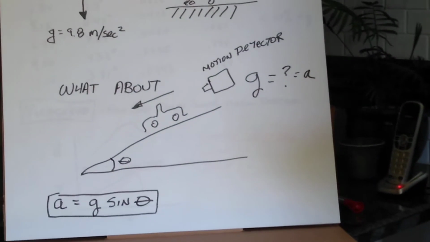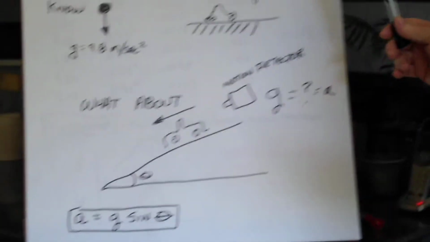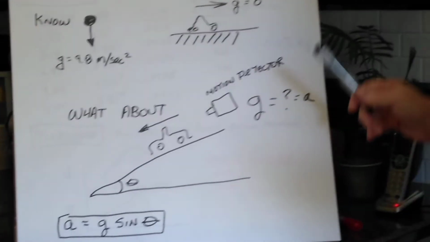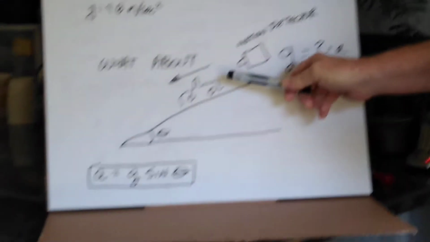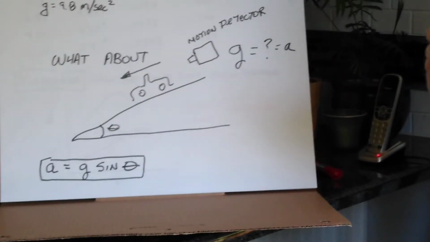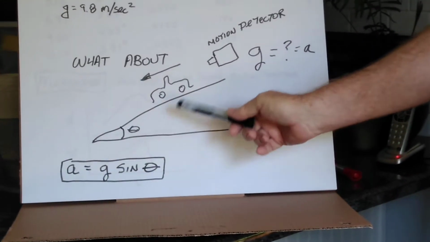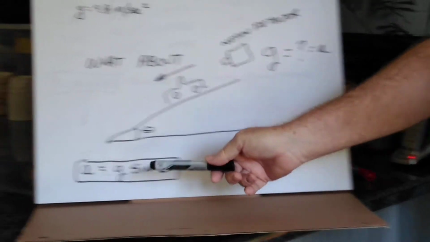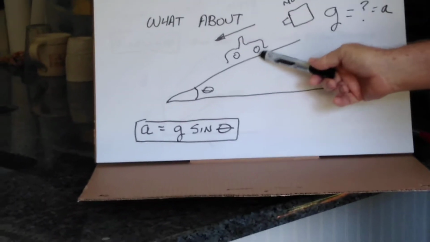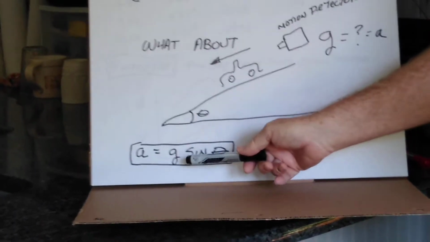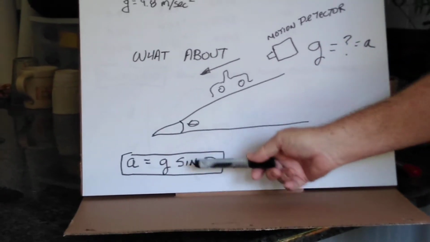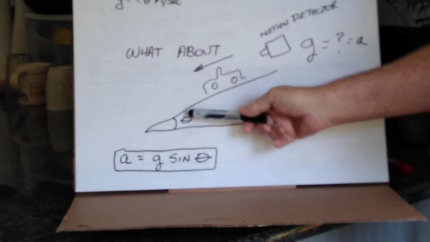What we're trying to find out is the acceleration due to gravity when a cart is on an angle. I think we'll find that the acceleration of the cart on an angle is g, which is 9.8, times the sine of the angle involved.